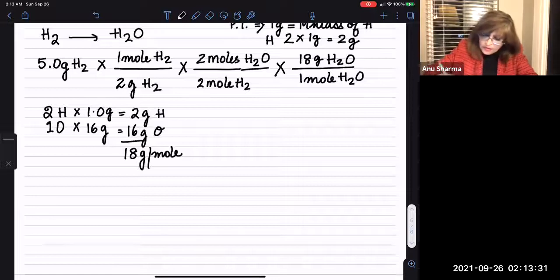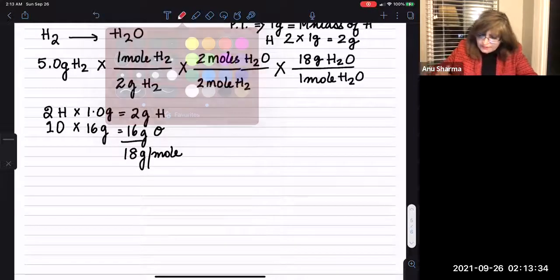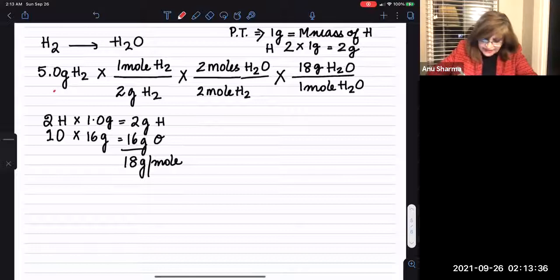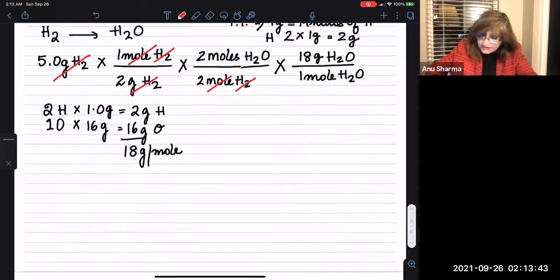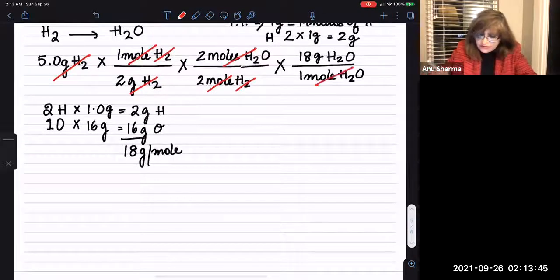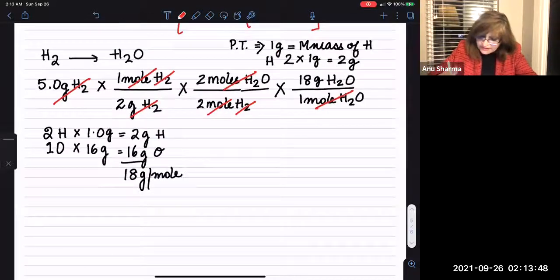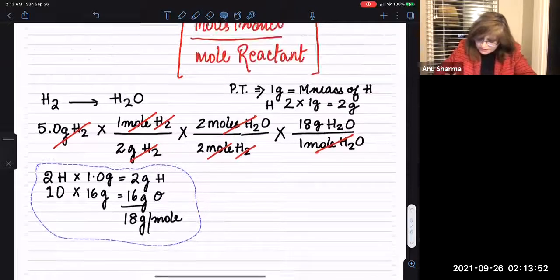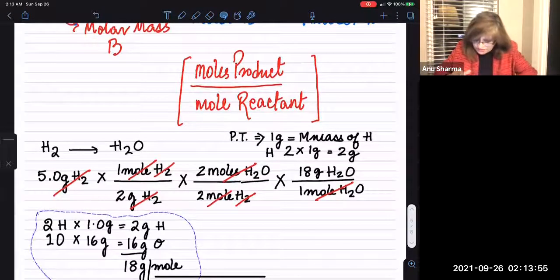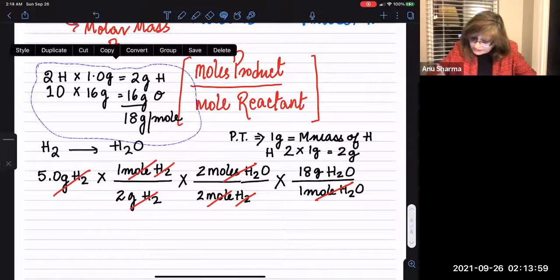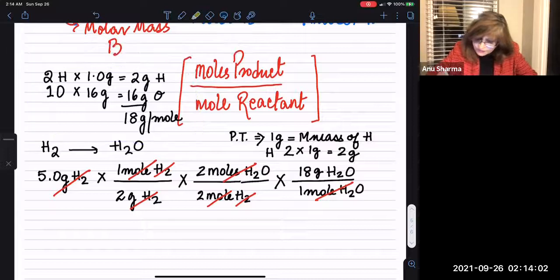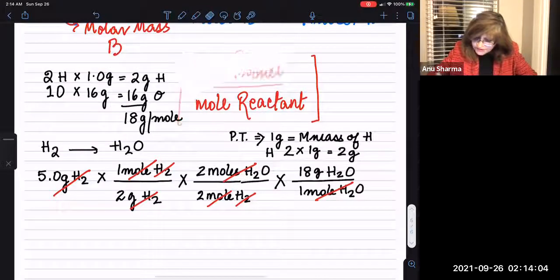All right, so now when we set this up, we see that grams of hydrogen and grams of hydrogen cancel out, moles of hydrogen and moles of hydrogen cancel out, moles of water and moles of water cancel out. On the side, I'm just going to erase this part right here.